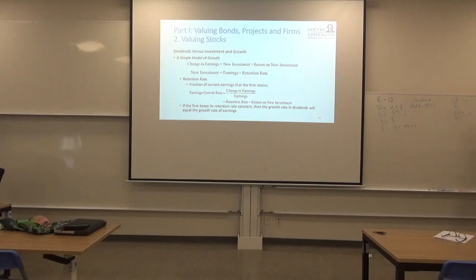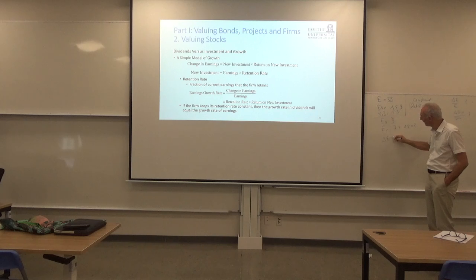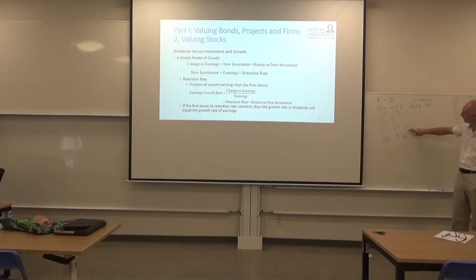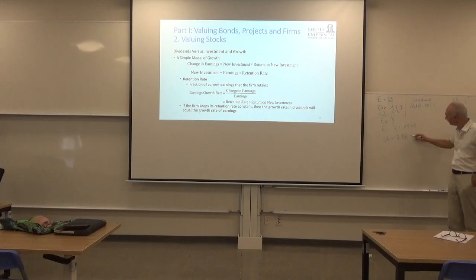And when we think about this, the change in equity is, of course, 3 times the retention rate. That gives us 1.5. So the 3 cancel out. This gives us the 1.5 times the return on investment. In this case, this is 50% times 15%, so it's 7.5%.